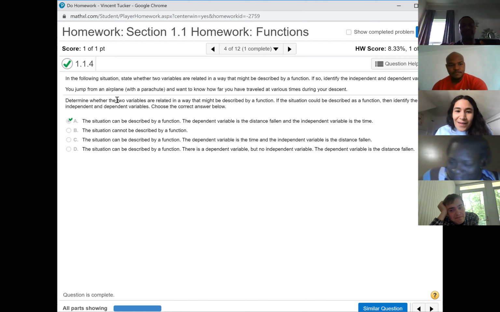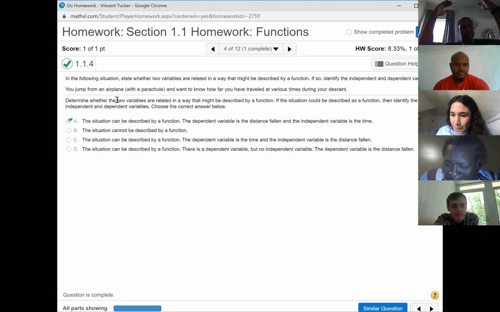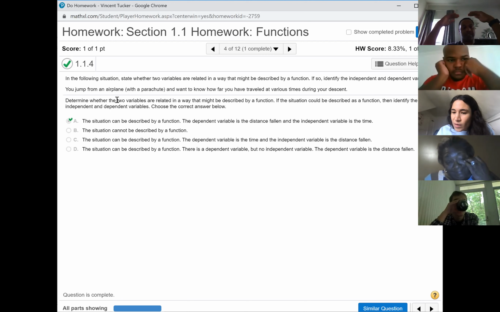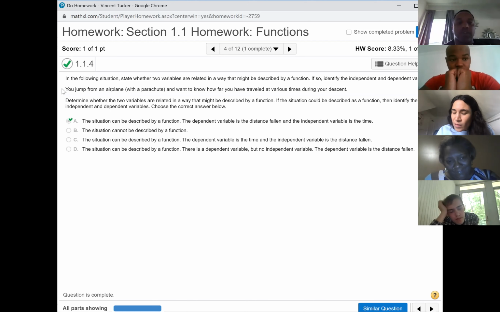You jumped with a parachute. So once you fall, you're not gonna fall and come back up and oscillate and go up and down. Your falling distance is gonna be connected to whatever time you've been falling. So this situation can be described as a function.